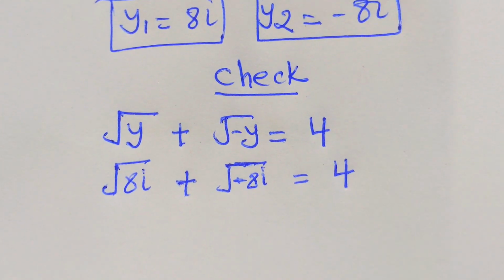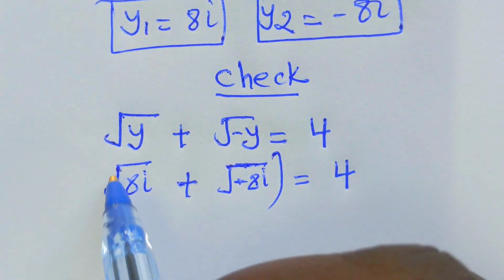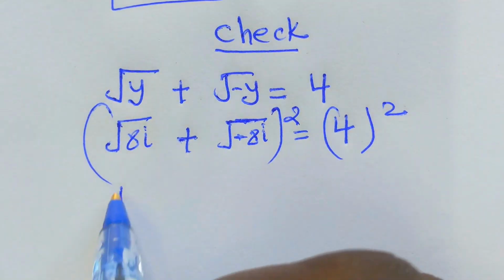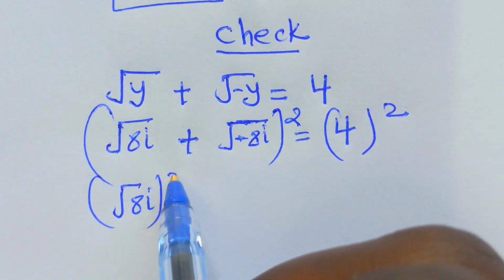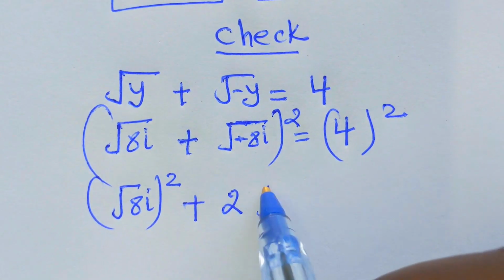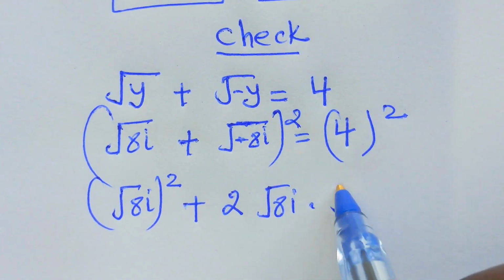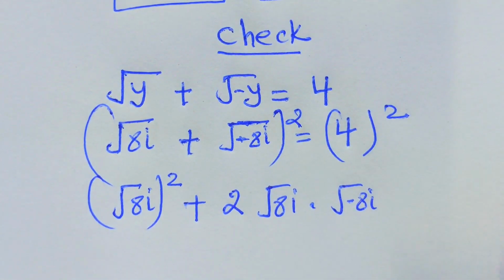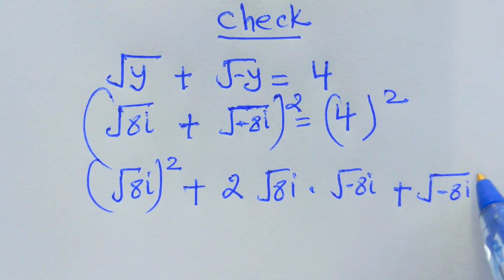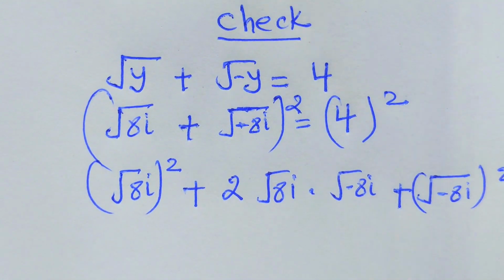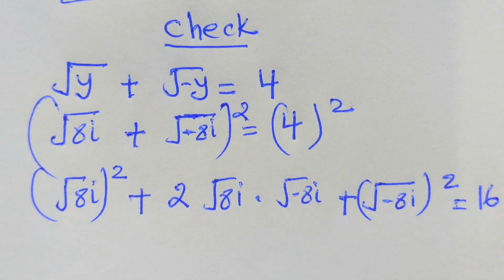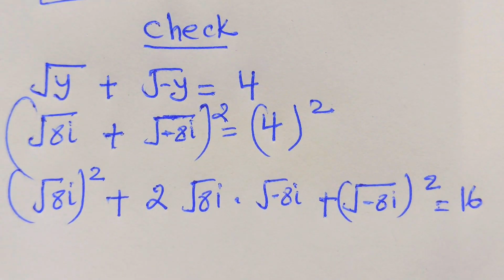We can square both sides, right, in order to check if they are equal. And of course here we shall get the square root of 8i squared, right, then plus 2 square root of 8i times square root of negative 8i, right, then plus square root of negative 8i squared, right, and this will be equal to 16, and this is what we have right here.